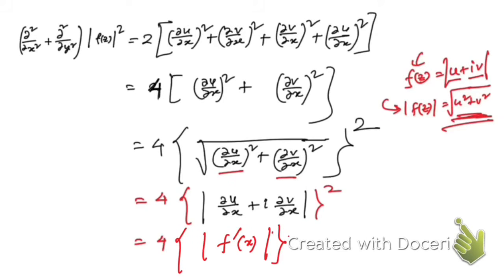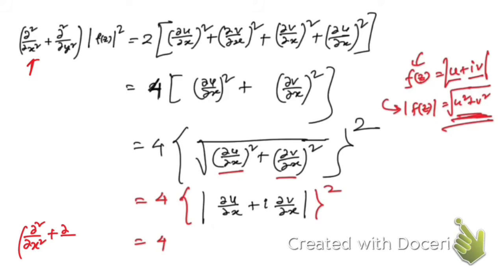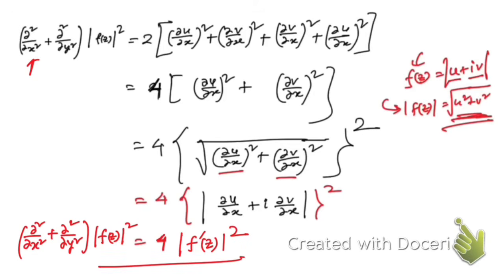So we can write the left hand side this way, which we have already got as required, then mod of the first order derivative of f of z squared. So this is what we needed to prove.